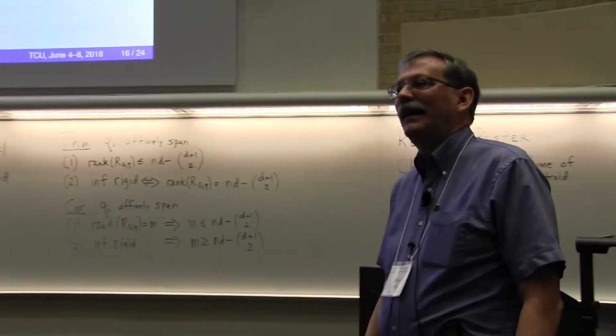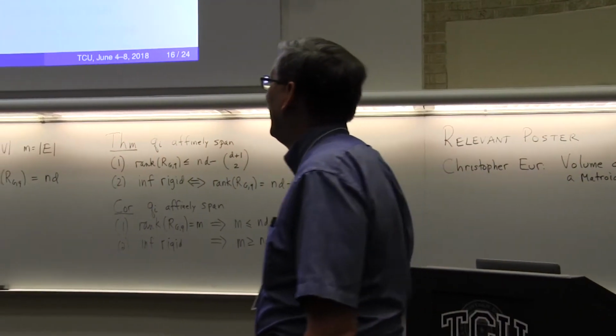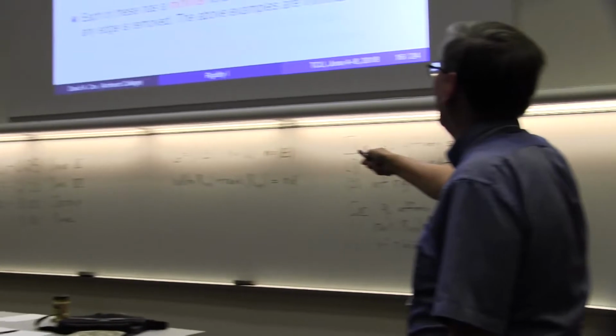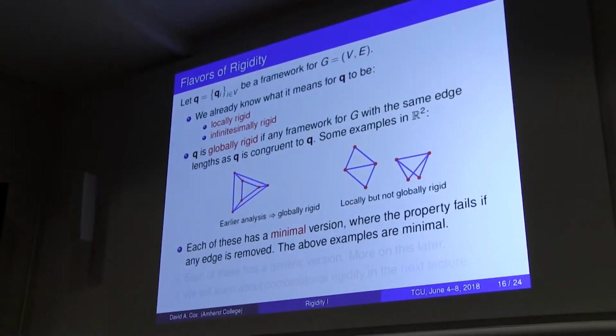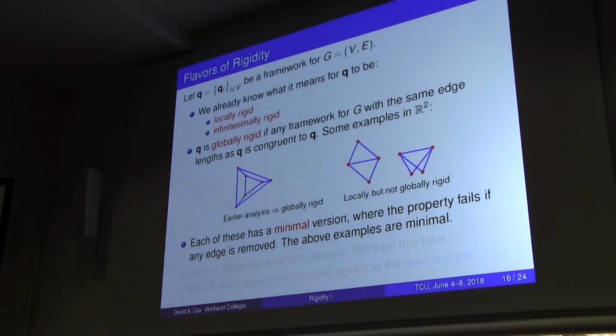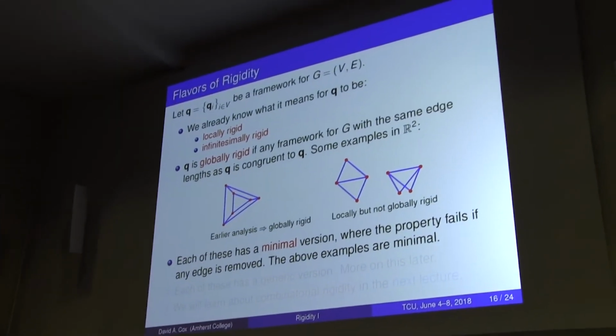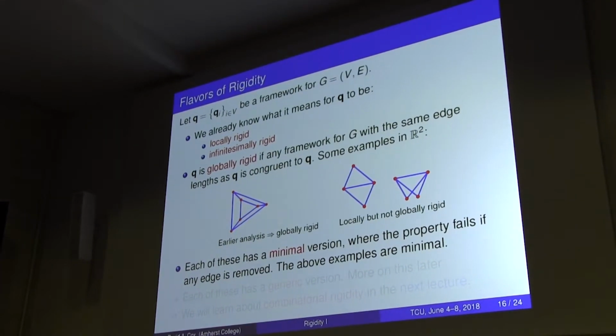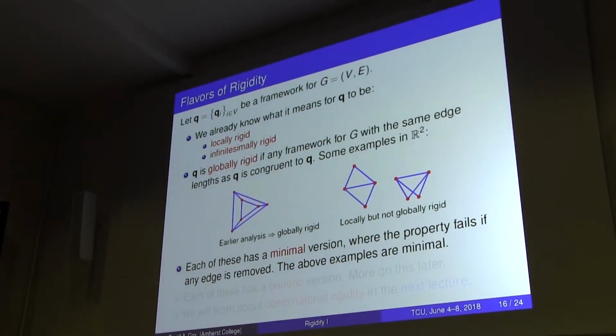I think David's example on the left, that you go to R3, it still doesn't move. Yeah, so I think this is an example of one that's universally rigid, for example, whereas this one isn't. So that's yet another flavor of rigidity that persists in dimensions. Or did I just say something stupid?